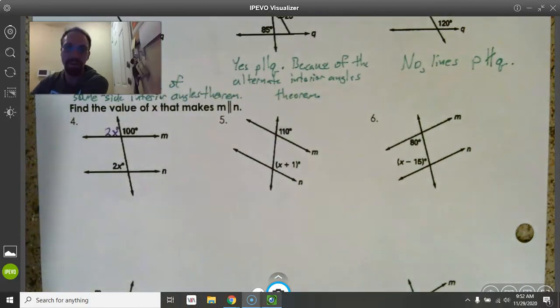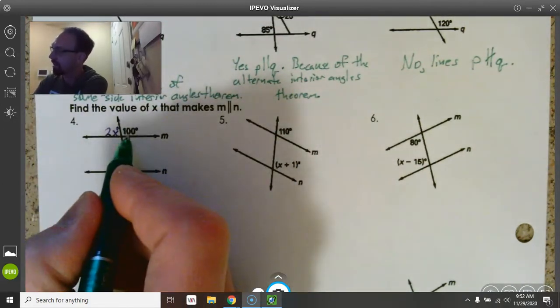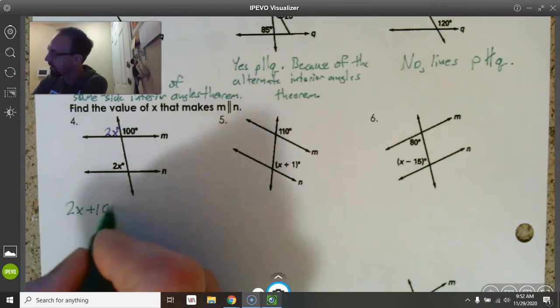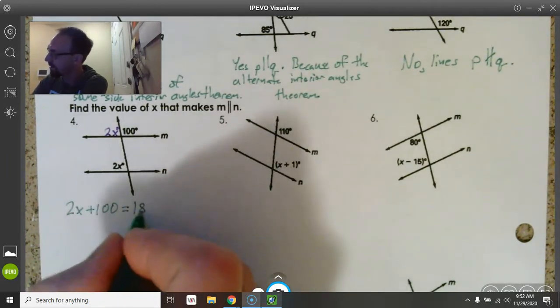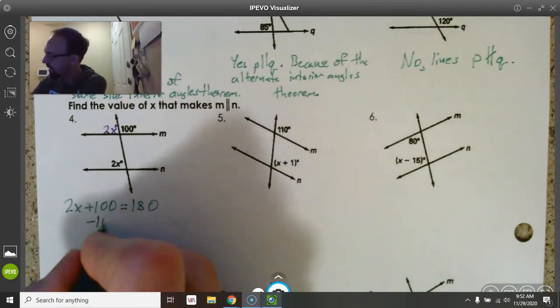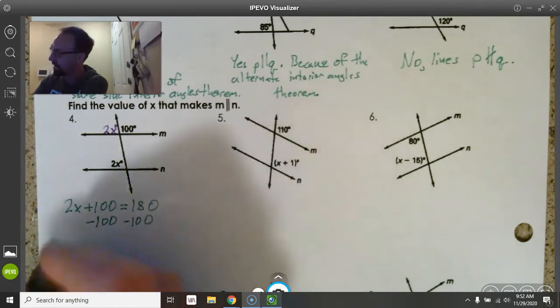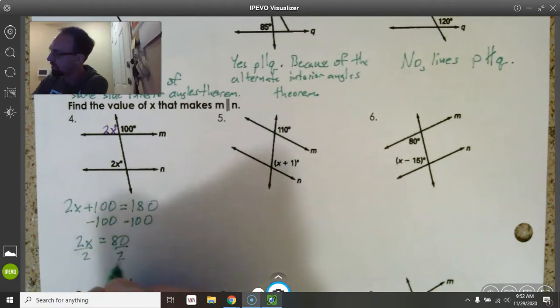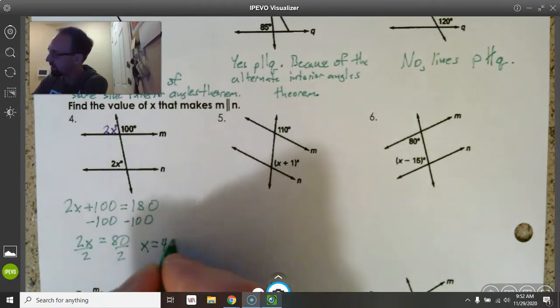So what I know then is that 2x plus 100 has to equal 180. So now I can solve by using our algebraic techniques. I'm going to subtract 100 from each side. So I get 2x equals 80, divided by 2, and I get x equals 40.